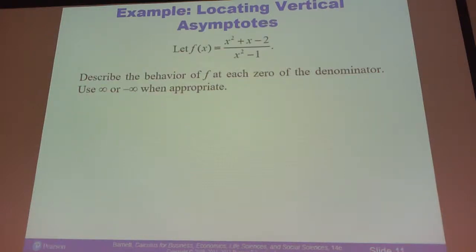Okay? So here's what I want you to do. Here's your function, x squared plus x minus 2 over x squared minus 1. I want you to tell me, is there a vertical asymptote? And is there a horizontal asymptote? So do you remember chapter 1 is what I'm saying.